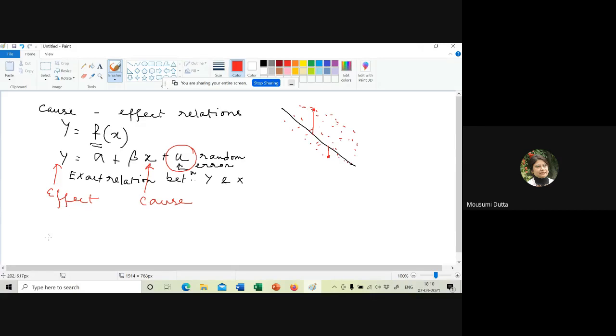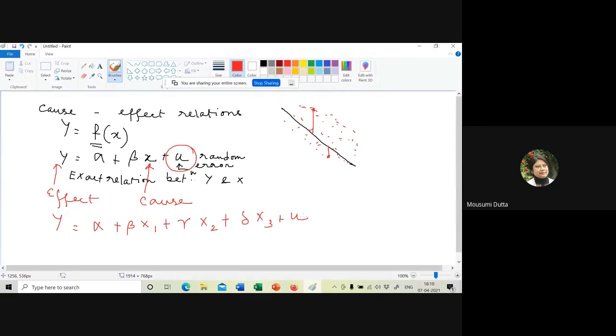And what I also mentioned, the equation could have more variables. So there can be a number of independent variables.